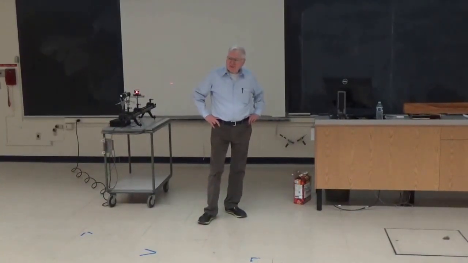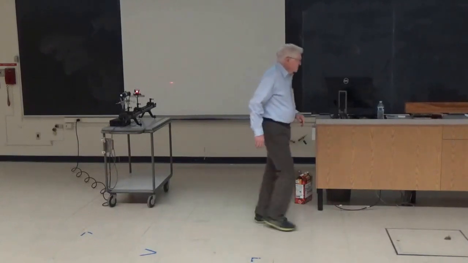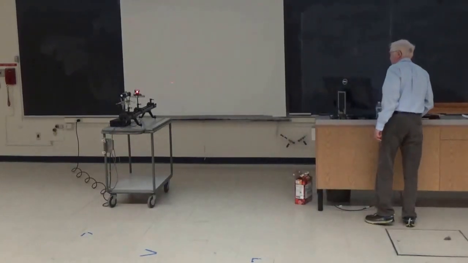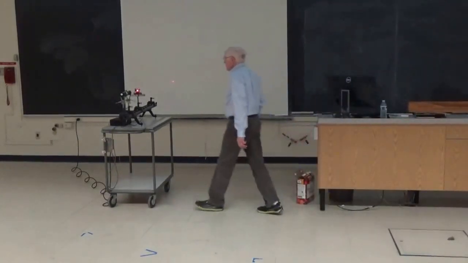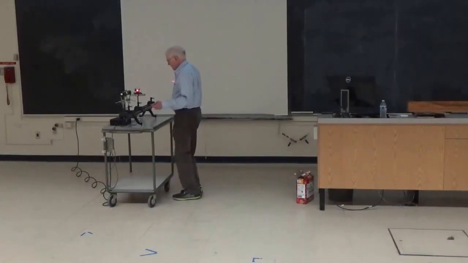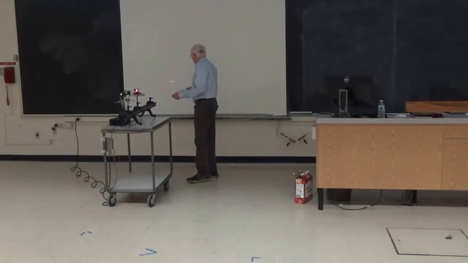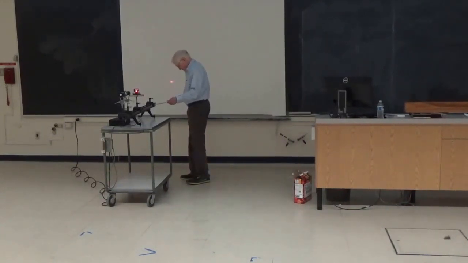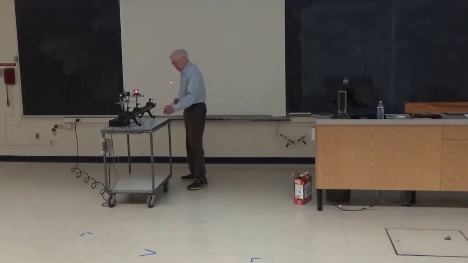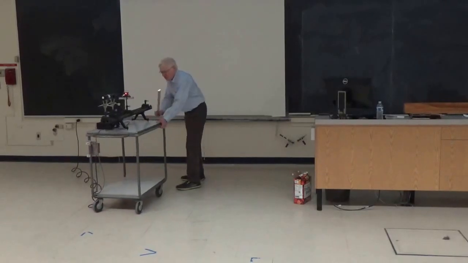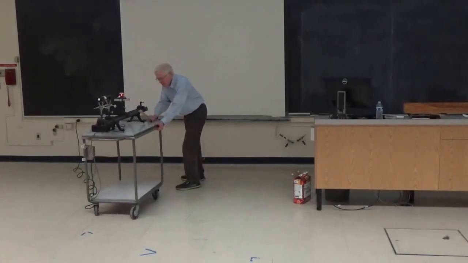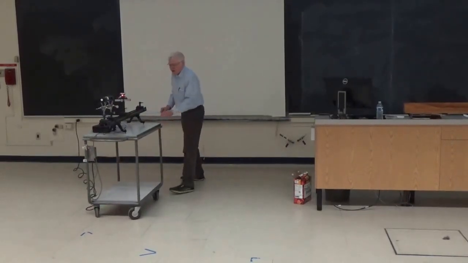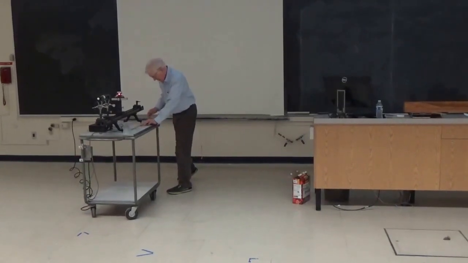Let's see. First of all, I need that meter stick. Oh, there it is. Good. Okay, so the distance here, I want to make it about 2.5 meters. So this is roughly 1 meter. That is basically 2. So I want it to be, let's say I get half.